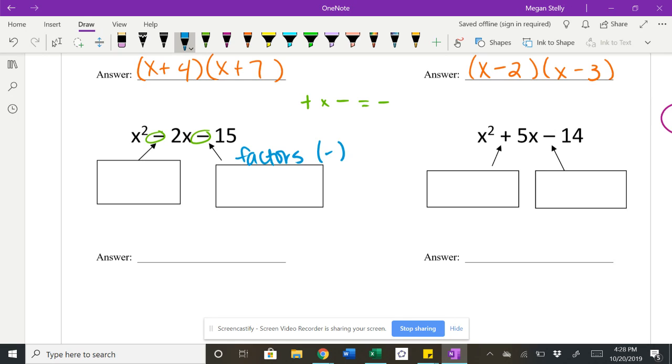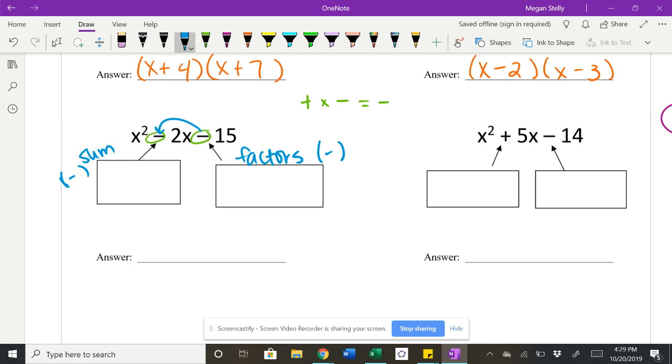One of them is going to be negative. Now, if I need the sum here to also be negative, well, if we think about it, a smaller positive number and a bigger negative number are going to add up to a negative number.